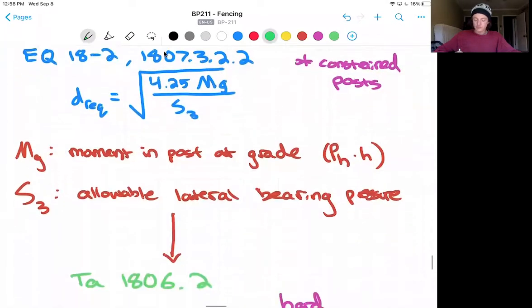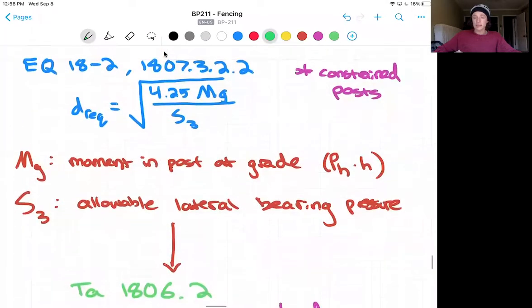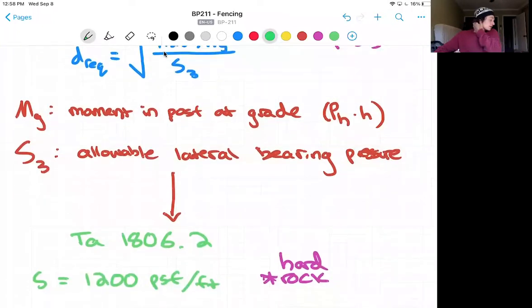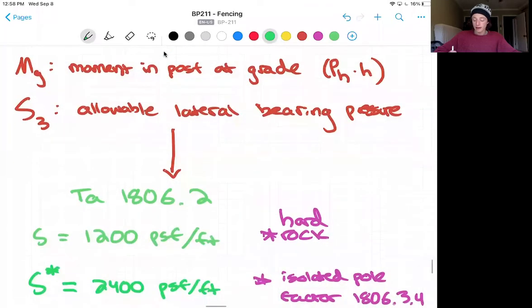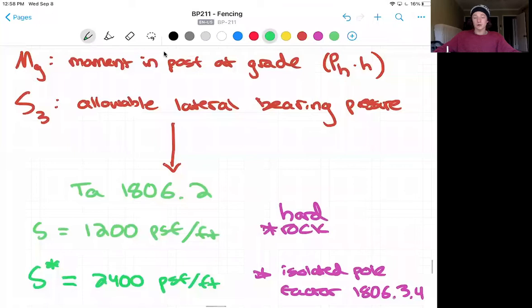Now, the process of calculating this starts at Table 1806.2, where we first take our initial lateral bearing pressure S to be 1,200 pounds per square foot for hard rock. We can multiply that by 2, which is the isolated pole factor from Section 1806.3.4.